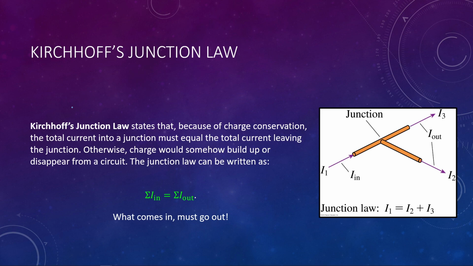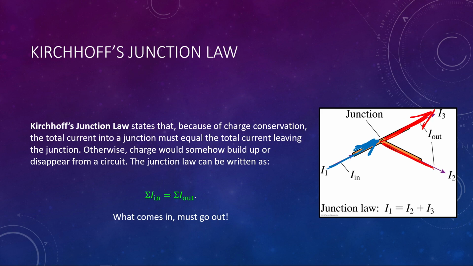It states that due to the conservation of mass, and thus the conservation of charge, because charges have mass, the total current that enters a junction, a split or branching path in a wire, has to equal the total current leaving that junction.